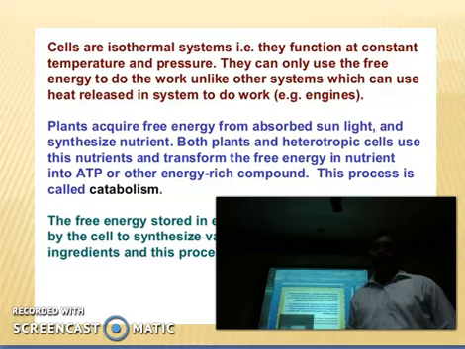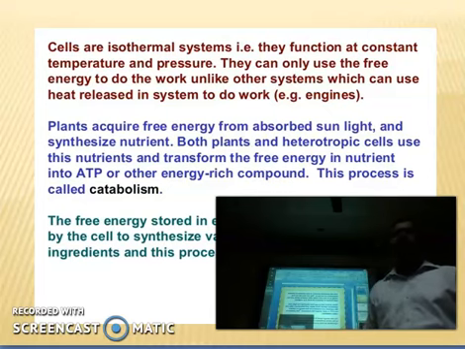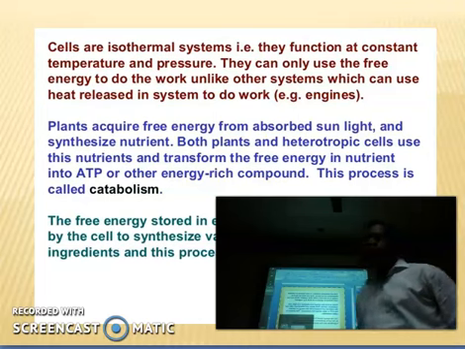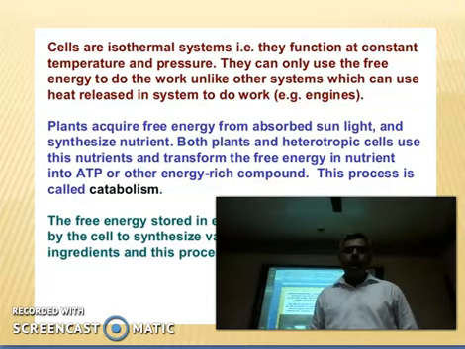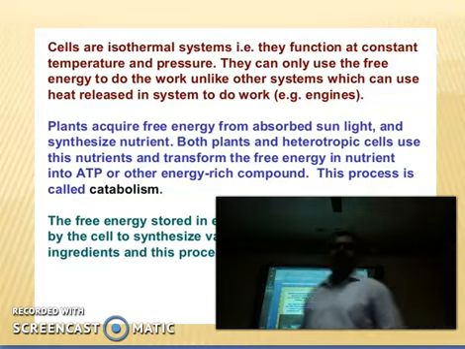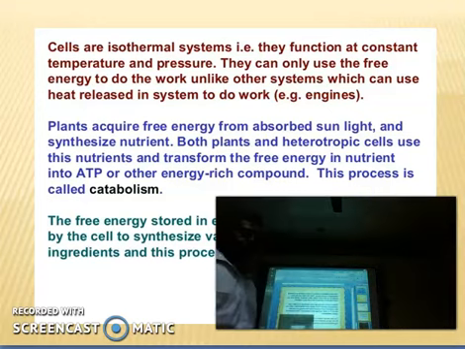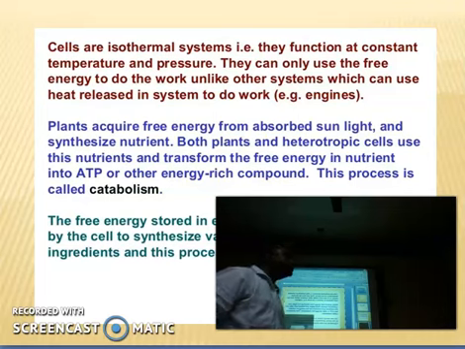Both plants and heterotrophic cells, heterotrophic, not heterophilic. Heterotrophic cells use this energy and transform the free energy in nutrient into ATP or other energy rich compounds. This process is called catabolism.